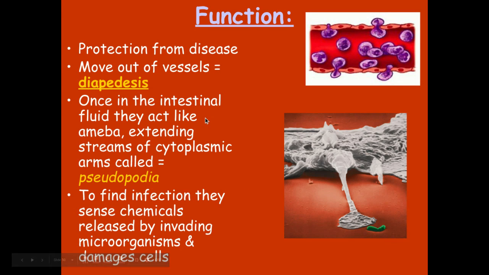They can extend arms of cytoplasm, which are called pseudopods, and they reach out and grab bacteria and foreign debris. And they find infection. They sense chemicals released by invading microorganisms, and will damage those cells so that they protect our body cells.